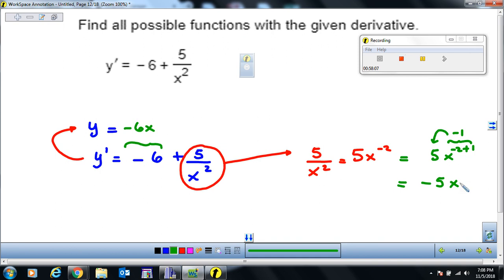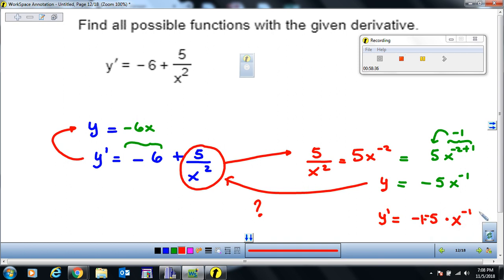So negative 5x to the negative 1. Let's see if it is true. Let's assume this is part of y, right? And if I take the derivative of this, would that be equal to this? That's what the question is, if I thought about it correctly. So I bring the negative 1 to the front and multiply times the negative 5.